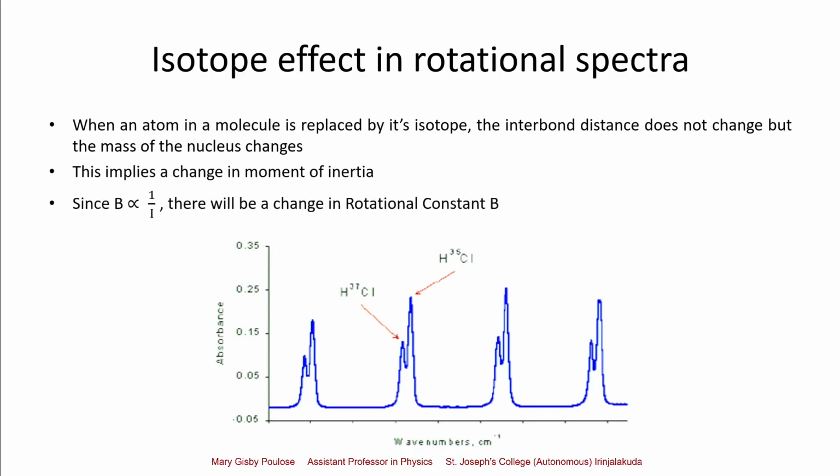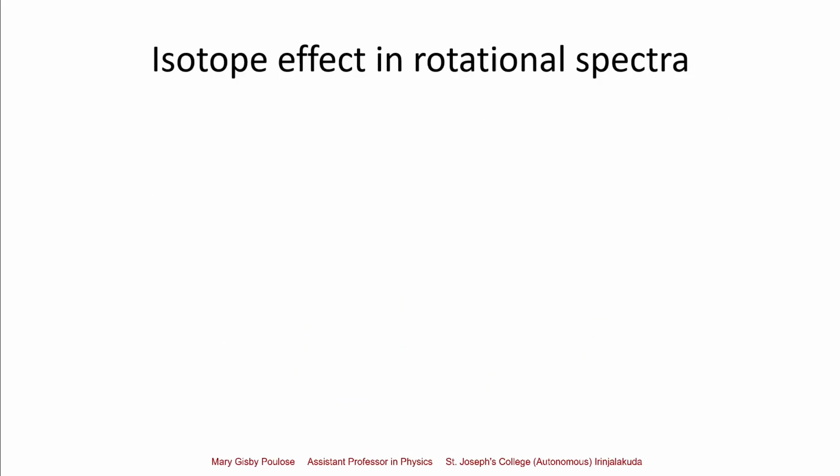Now, since the rotational constant B is inversely proportional to the moment of inertia, there will also be a change in the rotational constant B. So, for the first molecule, let us take that the energy difference from a state J to J plus 1 is delta epsilon J equals 2B into J plus 1, where B equals h divided by 8 pi square Ic.